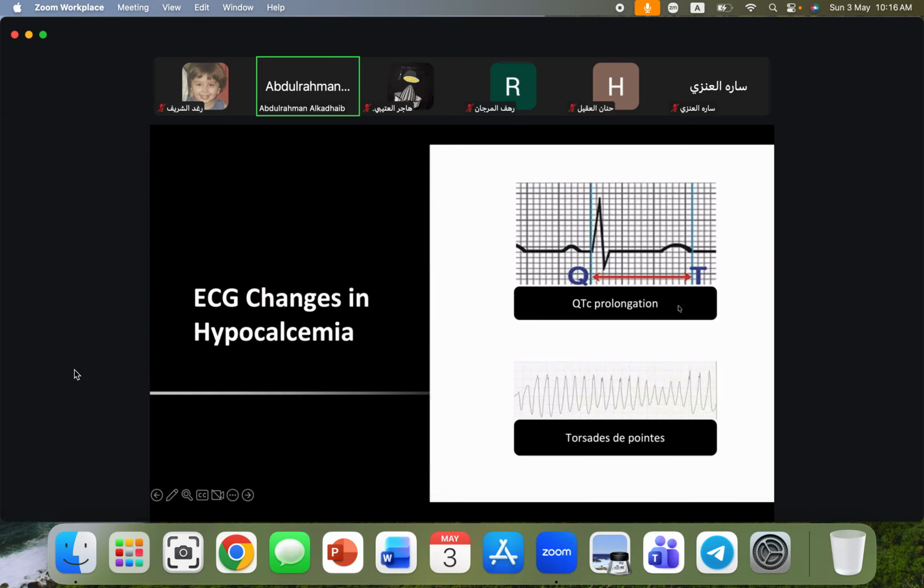And if this was not treated, it may lead to a deadly arrhythmia called torsades de pointes, which is basically a type of polymorphic ventricular tachycardia in which the QRS complexes will twist around the ECG line or the isoelectric line. And again, this is a very fatal arrhythmia that may result if the QT prolongation was not treated or if the hypocalcemia was not treated early.